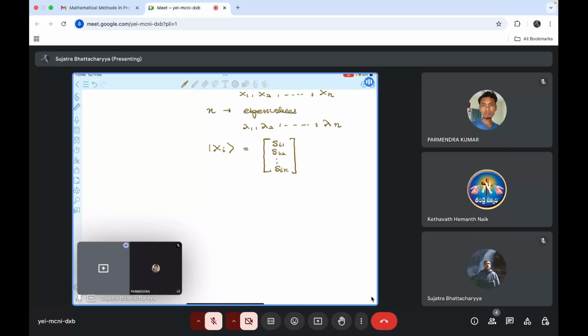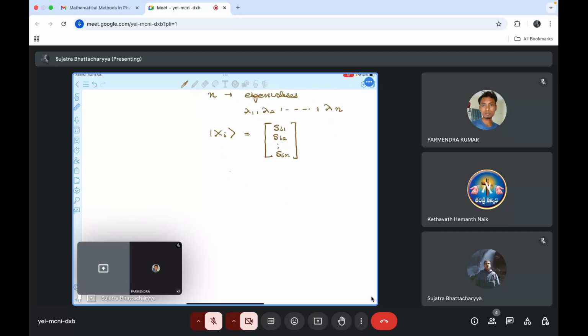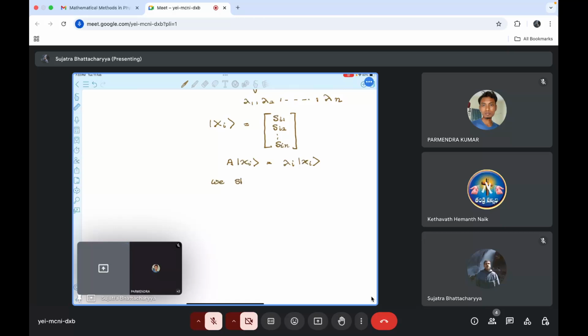All right, so this is one of the things. Next, A xi is equal to lambda i xi. This is nothing new. So what we do is we stack all the eigenvectors into a matrix.